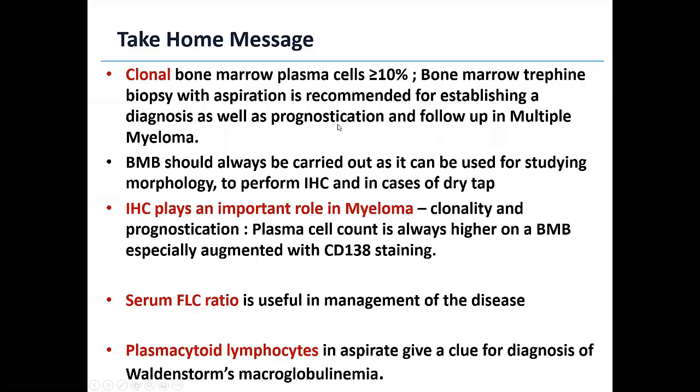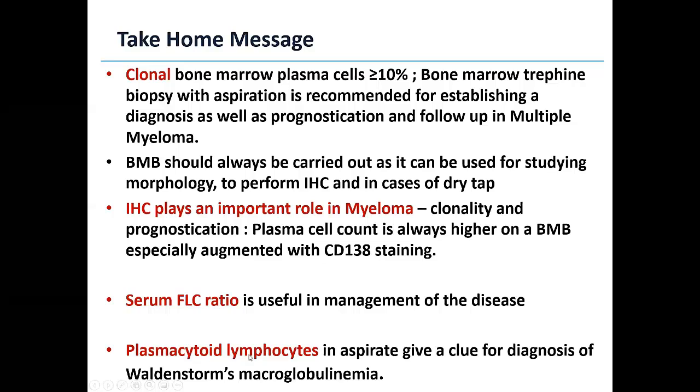Then we can perform immunohistochemistry on the bone marrow trephine biopsy, confirm the clonality, and we should also carry out serum free light chain assay and its ratio. The involved free light chain should be more than 100 milligram, and then the ratio should be more.